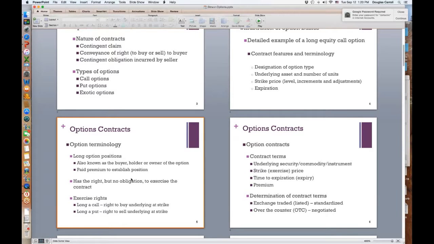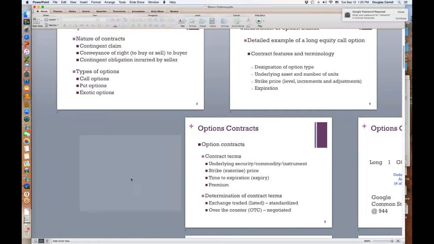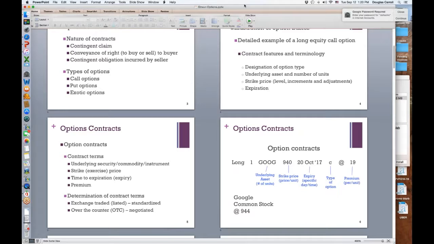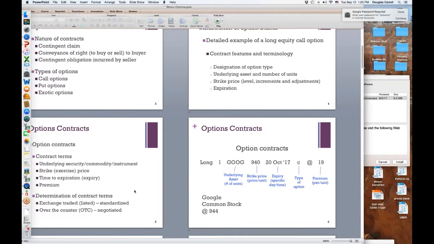Okay, so let's look at the terms of the option contract on slide number 5 now. The terms are there in words in what is now slide number 5. But let's look at it in the context of an actual contract.